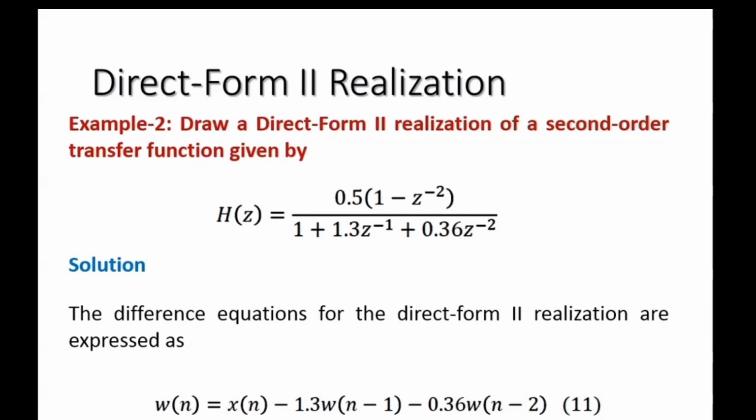It is second order because the highest power of z power minus is 2. On solving like the previous problem, you will get w of n is equal to x of n minus 1.3 w of n minus 1 minus 0.36 w of n minus 2.